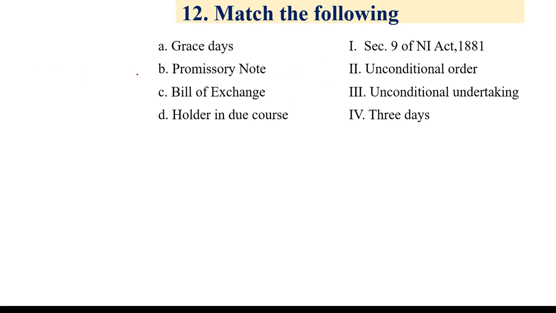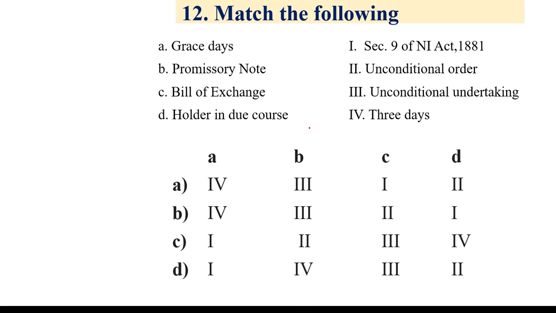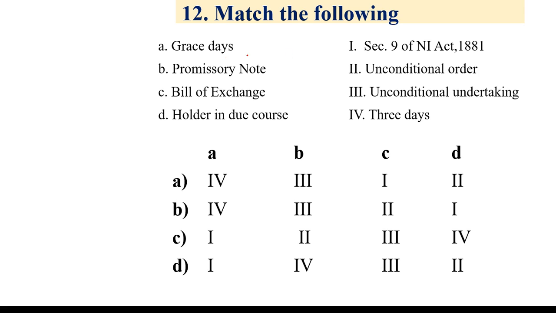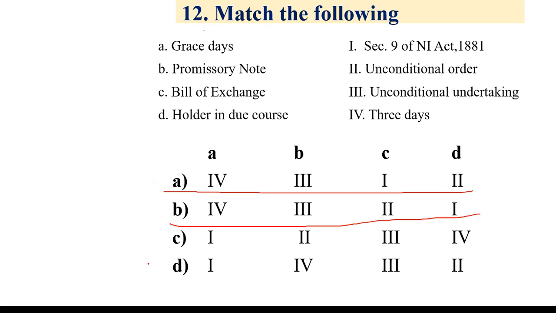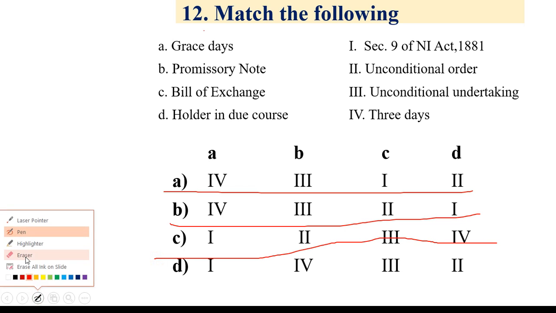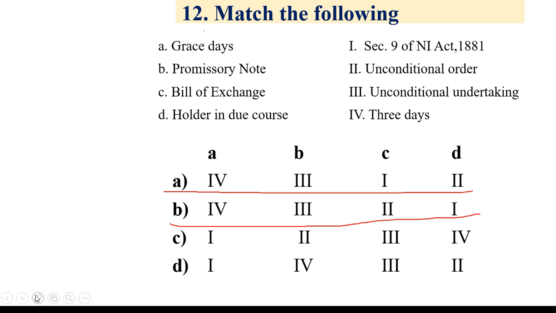We'll move to the next question. Question number 12. Again match the following. We'll see the options. Match the pair. Option A, option B, option C, or option D. Grace days means what?